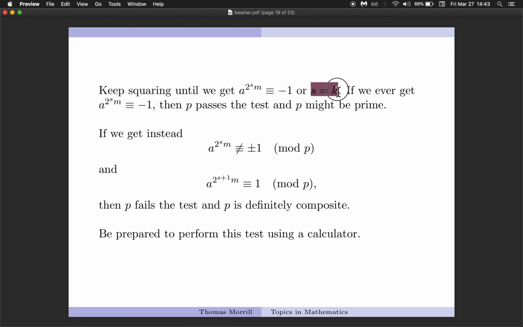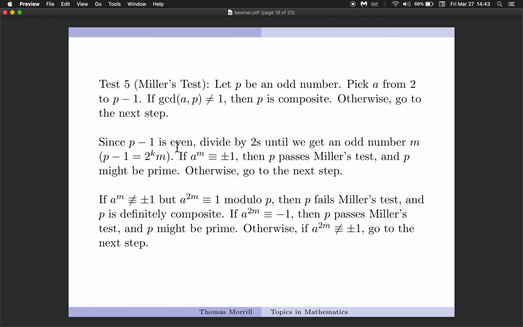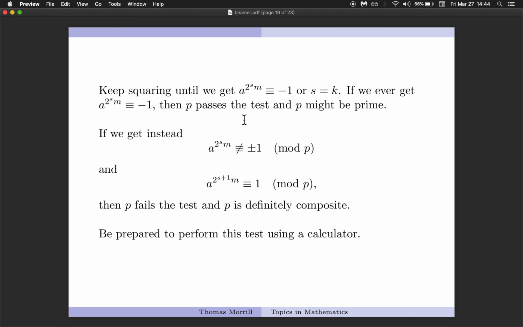Or if we go all the way up to the kth squaring. So k here was my number from this slide. That's the k is the number of 2's in the factorization of p minus 1. So these are two different exit conditions.